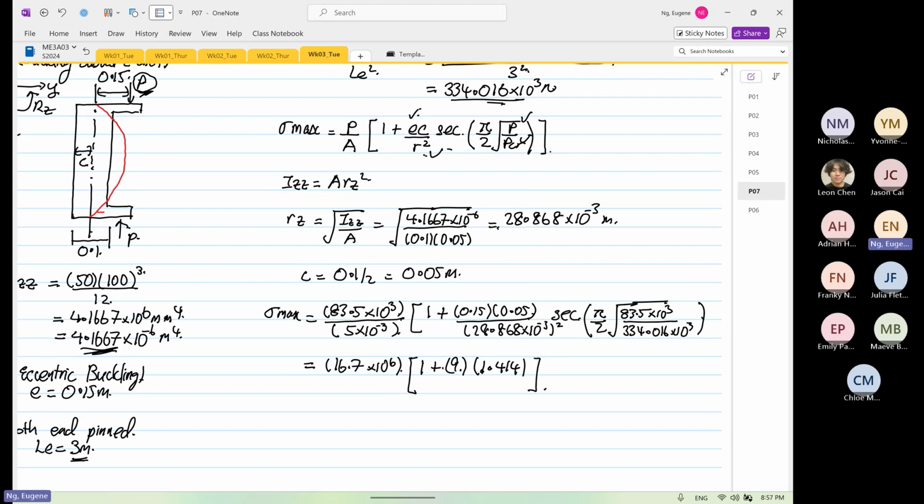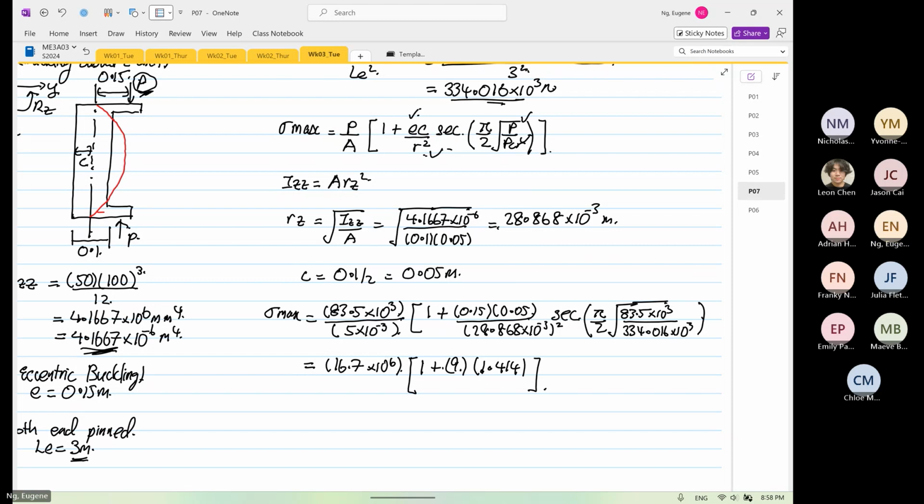Okay, I'll do it again. I don't have confidence now. So the square root of 83.5 power 3 divided by 334.016 power 3, close bracket, times pi divided by 2, cosine of this, 1.414.